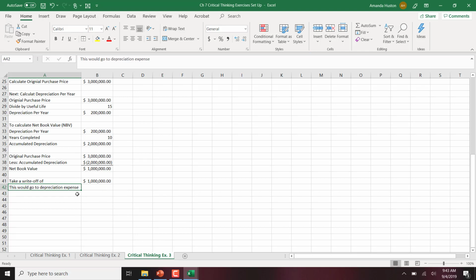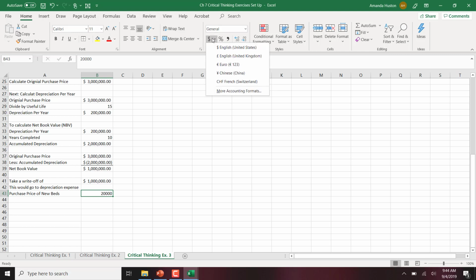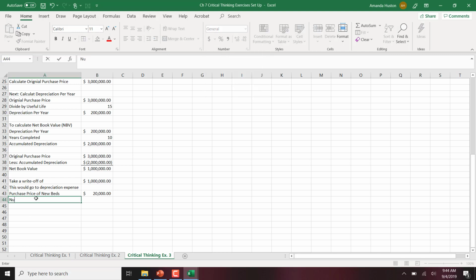So we'd have to take that as depreciation expense. The next thing we would do is purchase price of new beds, which is 20,000 per bed, times the number of beds, so times by 200. So we'd spend $4 million, and we take a $1 million write-off on depreciation.